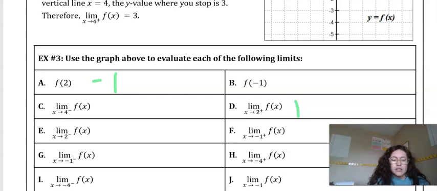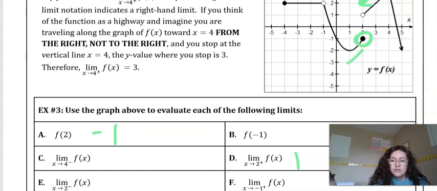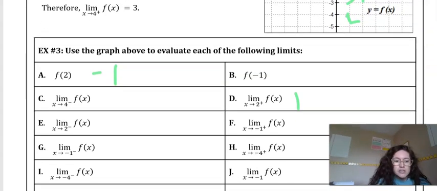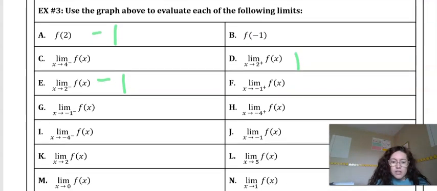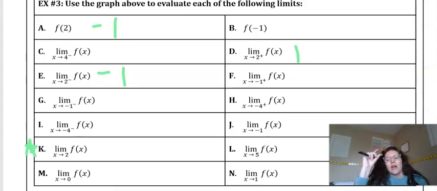Let's do E. The limit as x approaches 2 from the left. There's the left approach. That comes up and approaches that filled-in circle at -1. So this is -1. When you make a limit and you say I approach from the left, you get an answer.